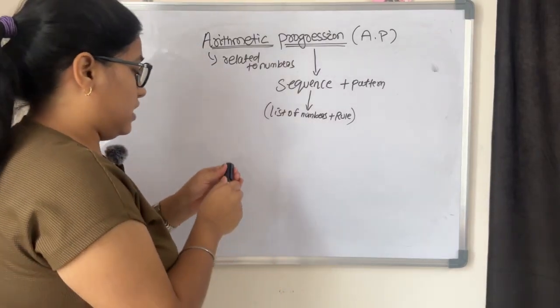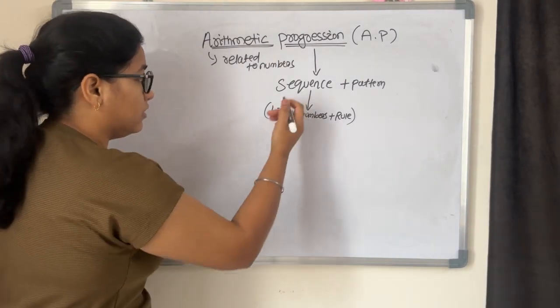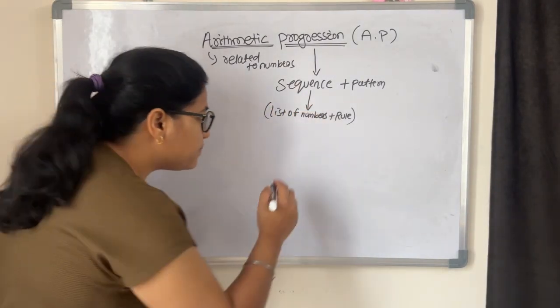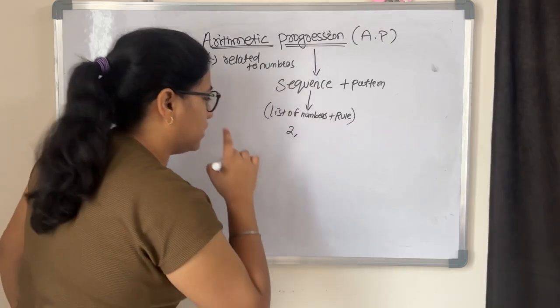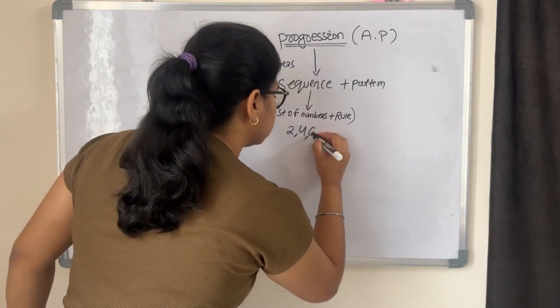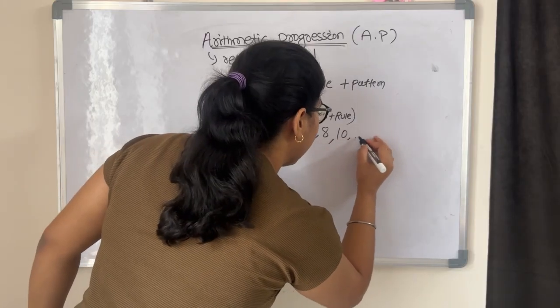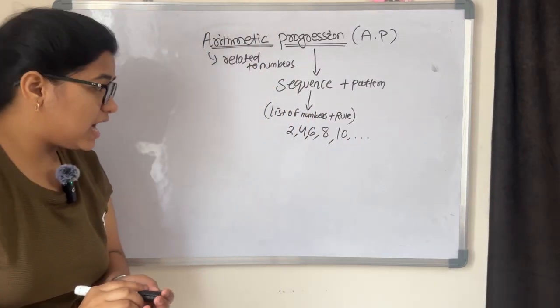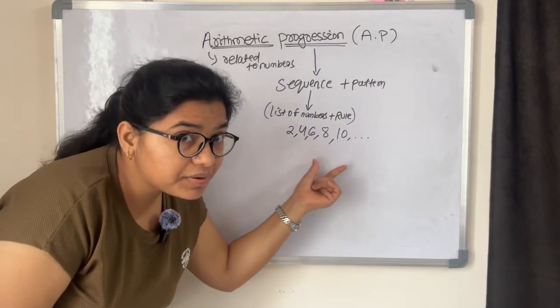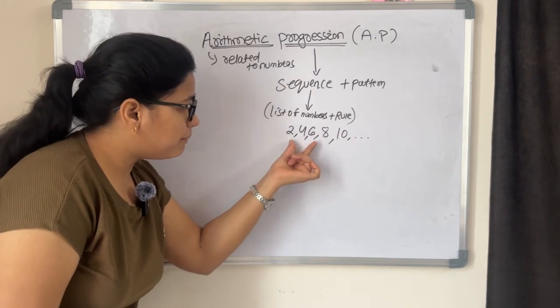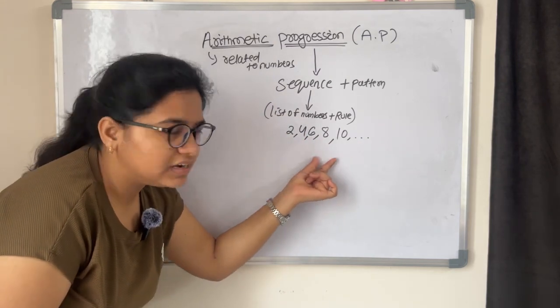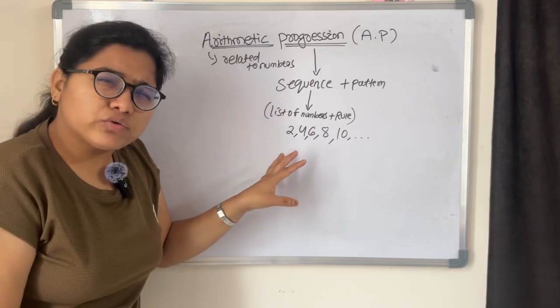Let me give one example to explain the sequence. Suppose I give the example 2, 4, 6, 8, 10 and so on. See, these are a list of numbers. And is any rule there?